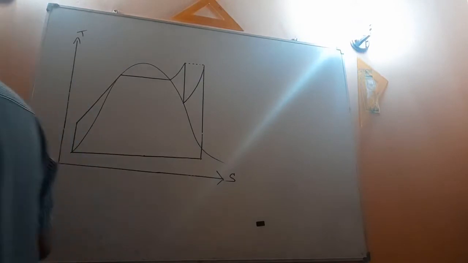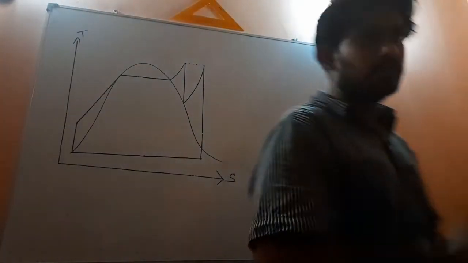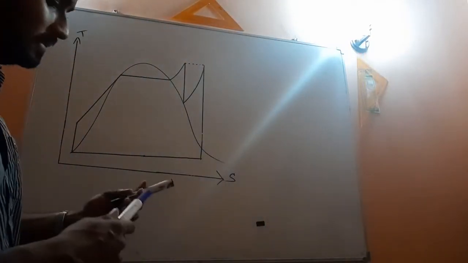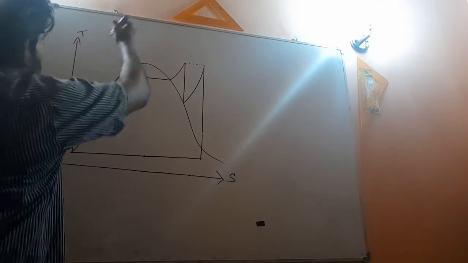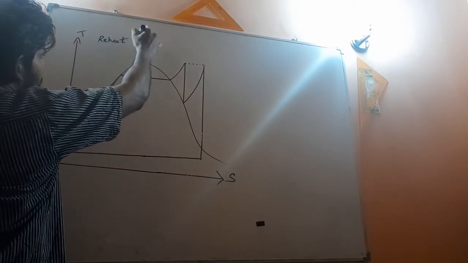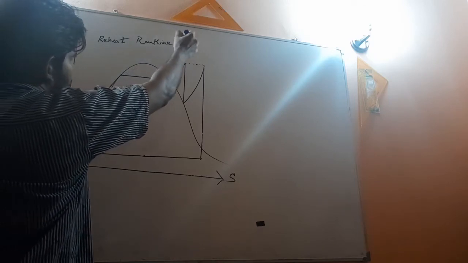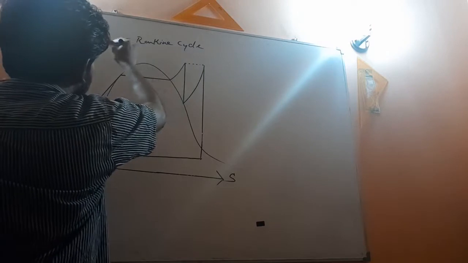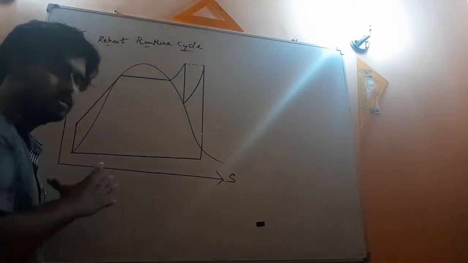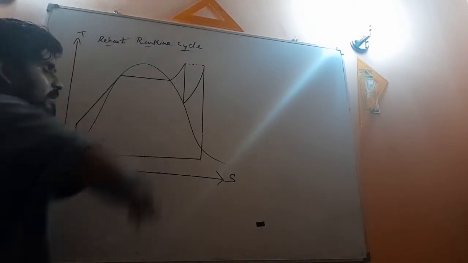Okay, so now carefully listen. You have to be very careful when sketching the TS diagram for the reheat Rankine cycle, right? Okay, so now let's see all the individual processes within the reheat Rankine cycle.